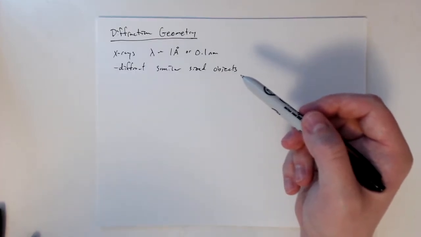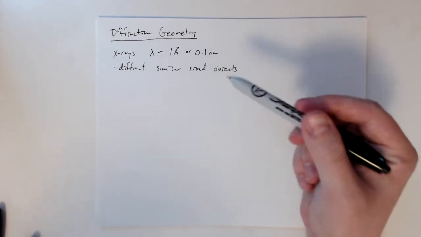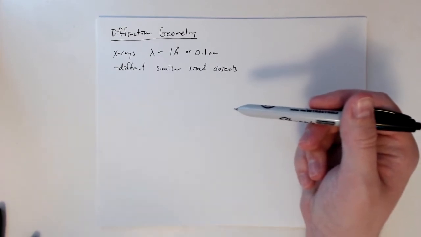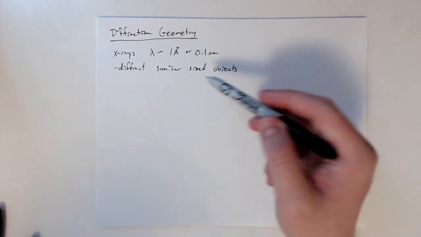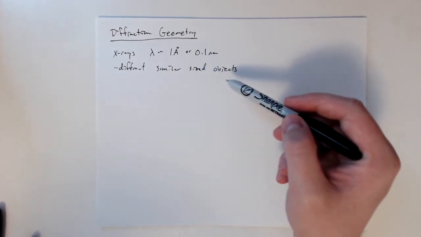The reason that diffraction occurred with the light was because the openings in the mesh were on the order of the diffracting wavelength, which is light. And so that's why diffraction occurred. Here, X-rays are much, much smaller, and so they diffract much, much smaller objects.